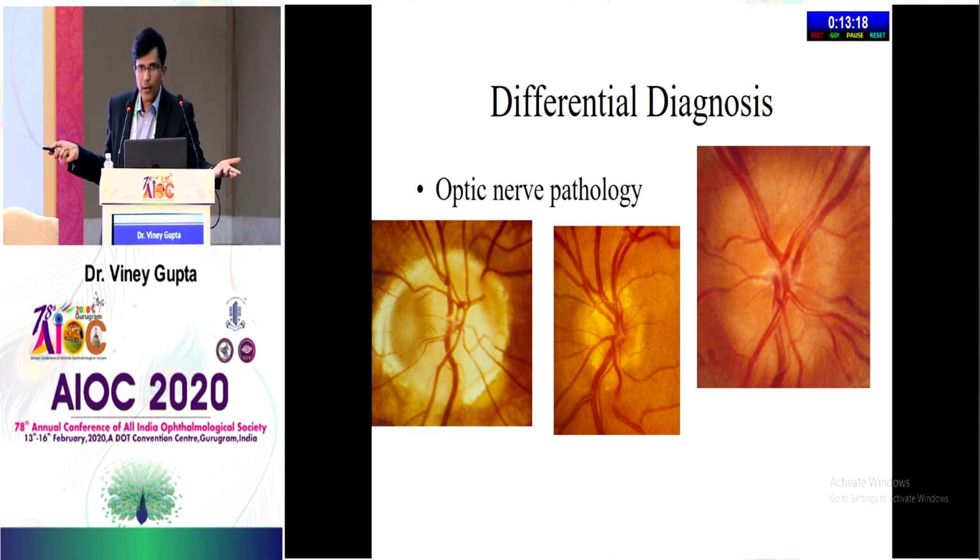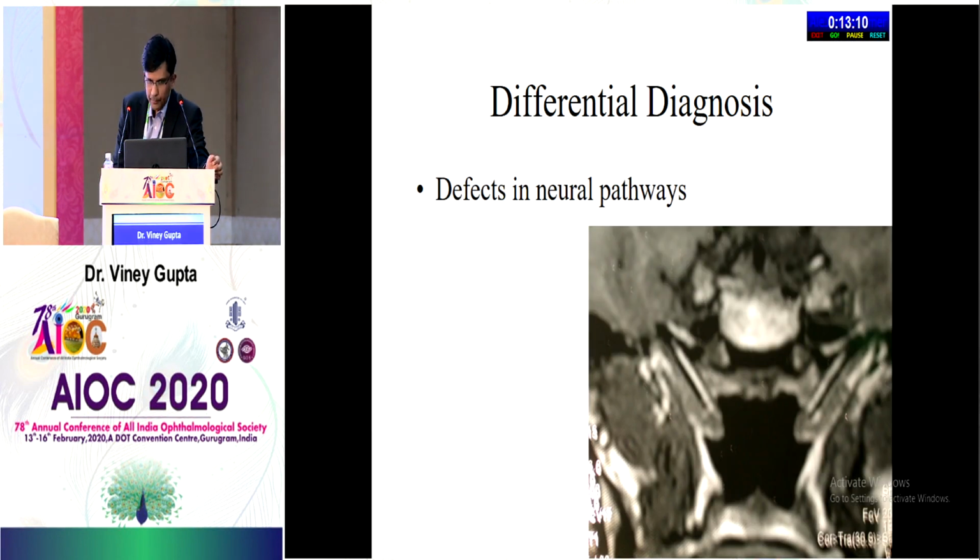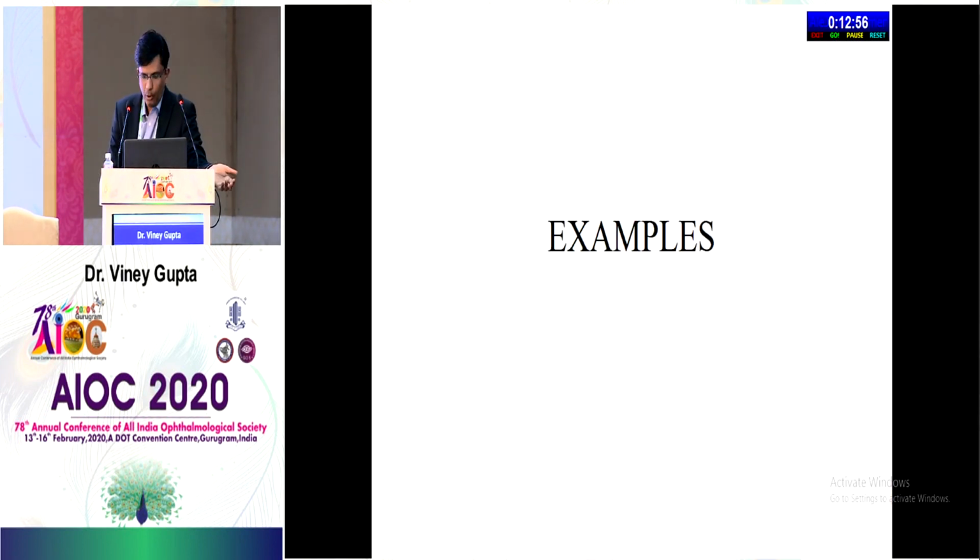Pit. Okay, a pit can also cause a glaucomatous defect. Drusen can also cause a glaucomatous paracentral scotoma, and so can a disc edema. And then there could be conditions like pituitary tumors, which could have a small scotoma somewhere, which could enlarge later on to become hemifield defects, but in the initial period might be quite like glaucomatous.